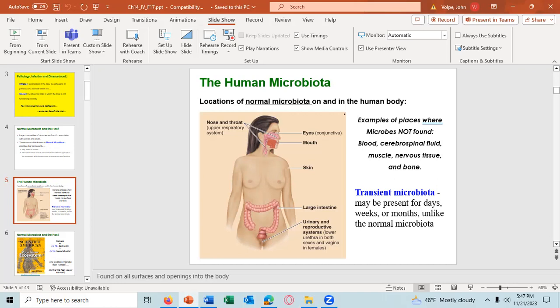So the normal microbiota is found externally on the body, on the skin, the mucous membranes such as the nose, the throat, the eye, and the mouth. The gastrointestinal tract, a lot of normal microbiota there. And then the lower reproductive systems, meaning the lower urethra.